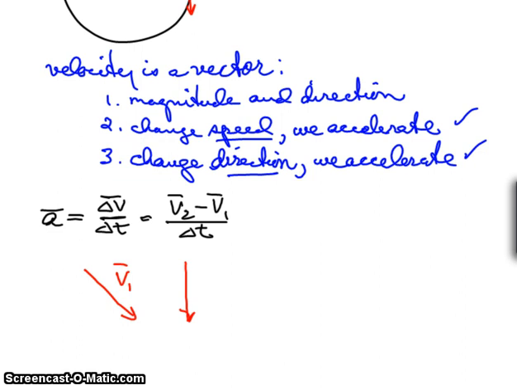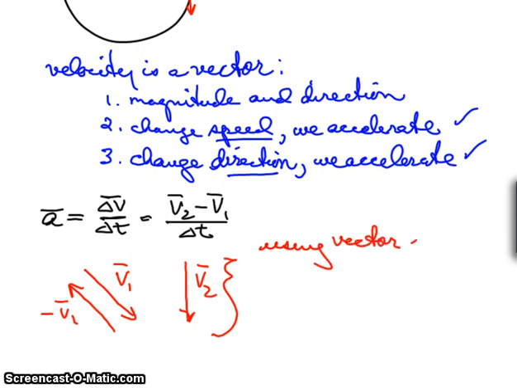Now if I add them, it would just be V1 plus V2, but I want to subtract them. So I've got to make V1 negative. And if you remember how to do that, you just point it in the opposite direction. It's 180 degrees from where it is, and that would be a negative V1. So now I can add using vector graphical methods.